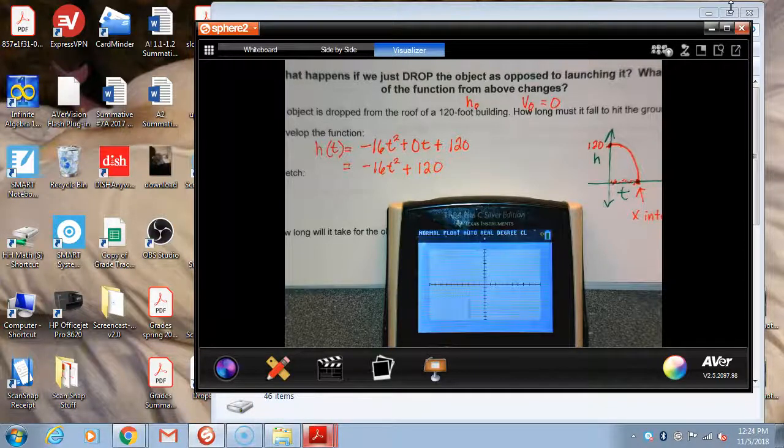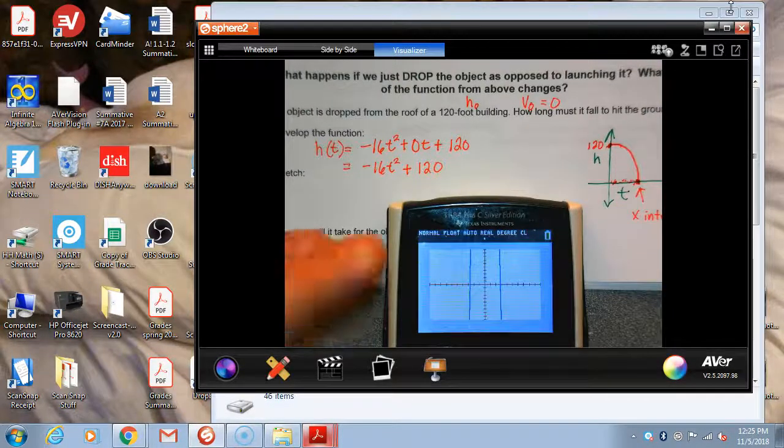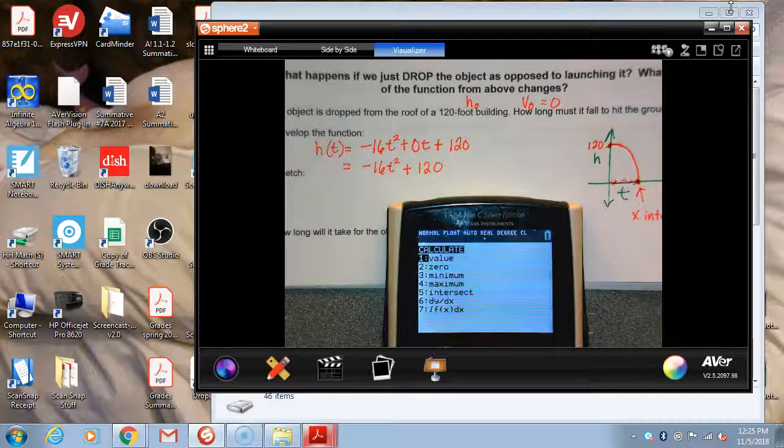Graph it. And we're just looking for that intercept point, correct? So what I'm going to do is go to our second trace. I need 0 for x-intercept. Hit enter.